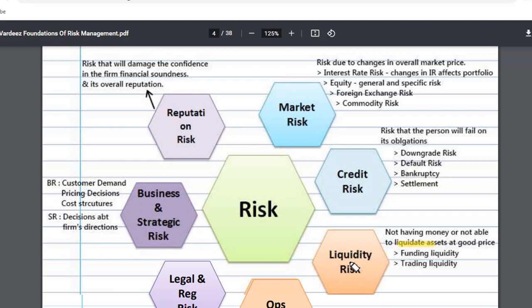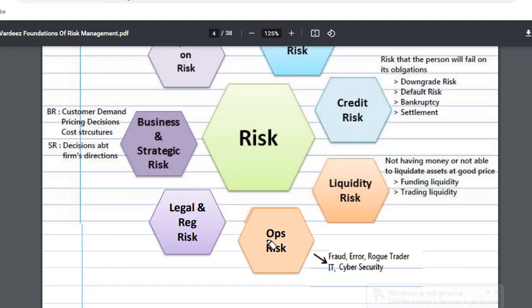When we're talking about liquidity risk, there are 2 types. The first one is funding liquidity. That means you're not able to get money for your operational needs, and that is referred to as funding liquidity. Trading liquidity is when you trade in the market and you're not able to get a good price for your assets. That's how you remember it.